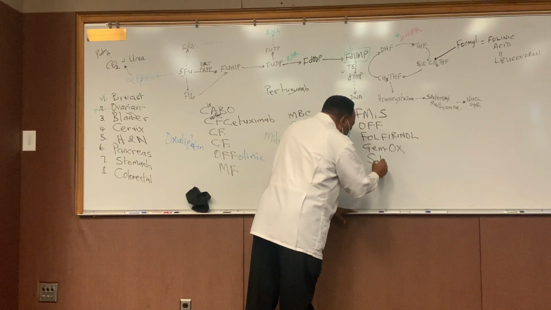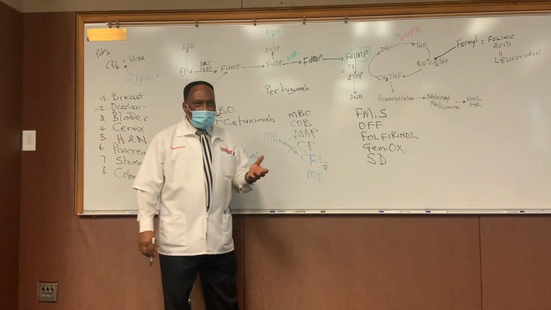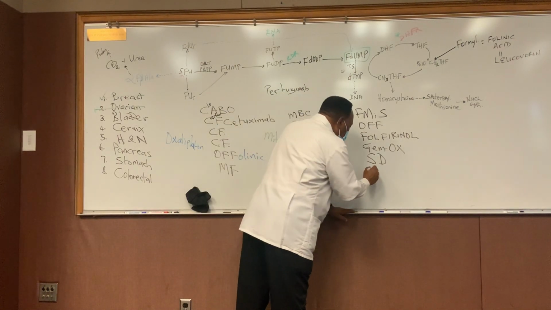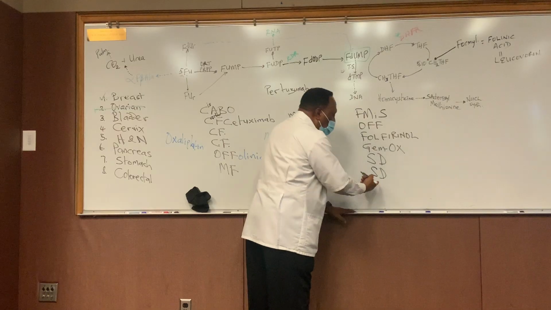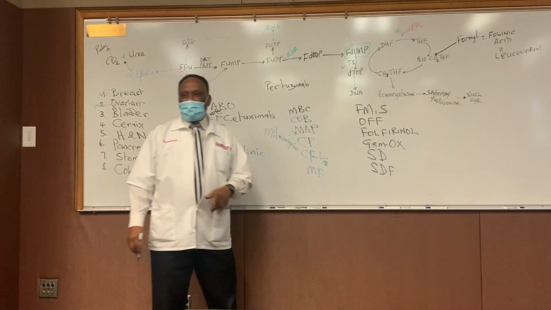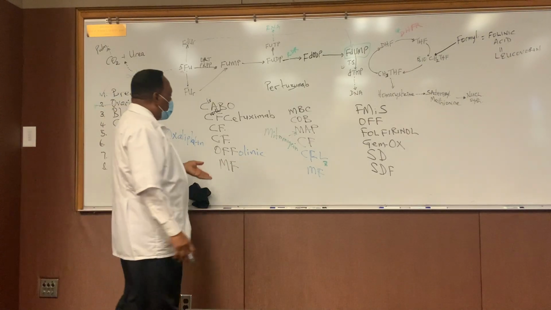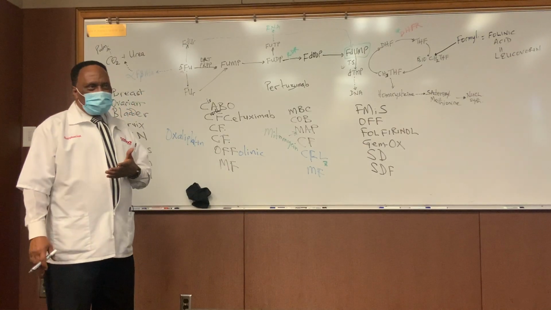And so you have streptozotocin plus doxorubicin, and then you have streptozotocin plus doxorubicin plus 5-FU. SDF. So all of those work in pancreatic cancer.